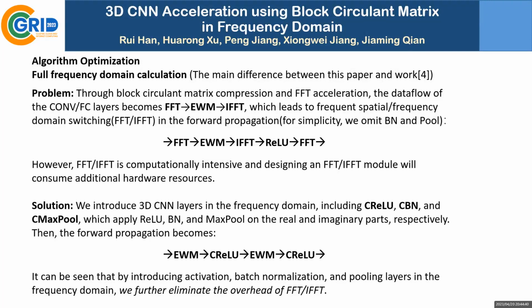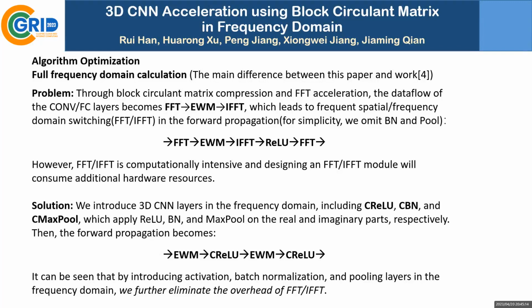To address this problem, we introduce 3D CNN layers in the frequency domain, including C-ReLU, CBN, and CMaxPool, which apply ReLU, BN, and MaxPool on the real and imaginary parts, respectively. Then the forward propagation process becomes element-wise multiplication, C-ReLU, element-wise multiplication, and C-ReLU.